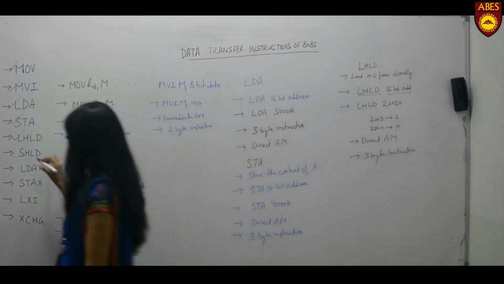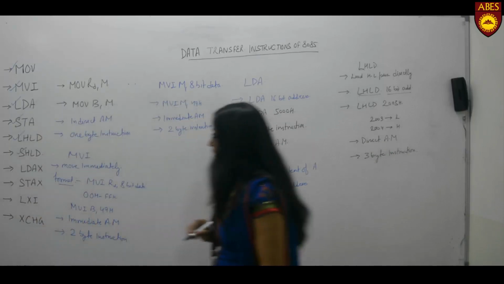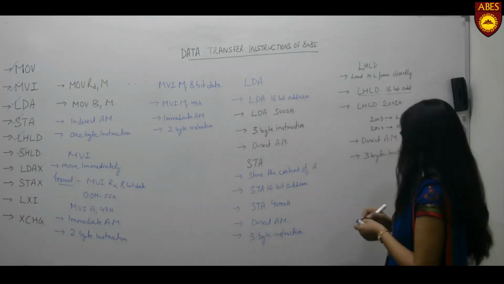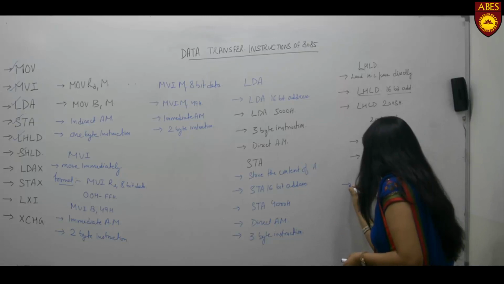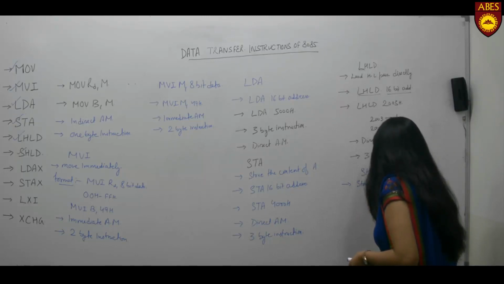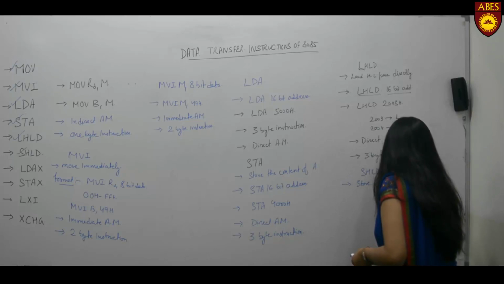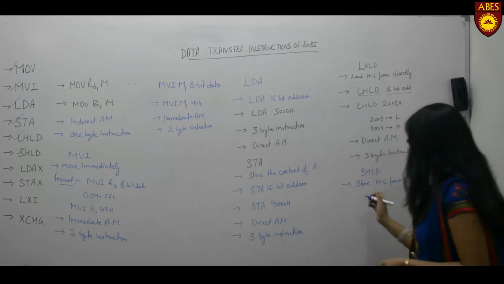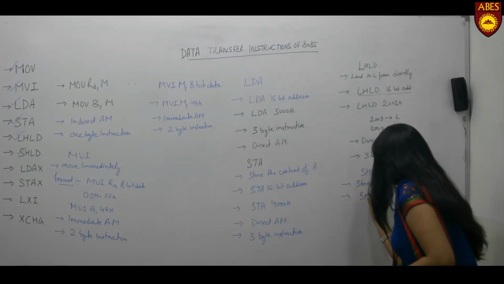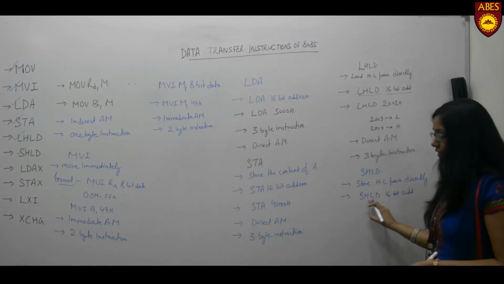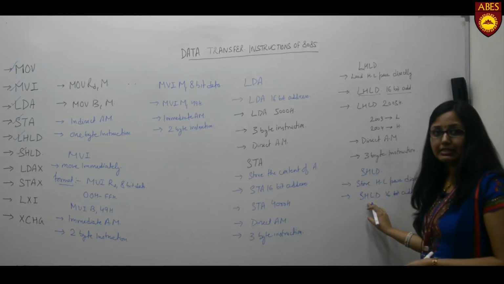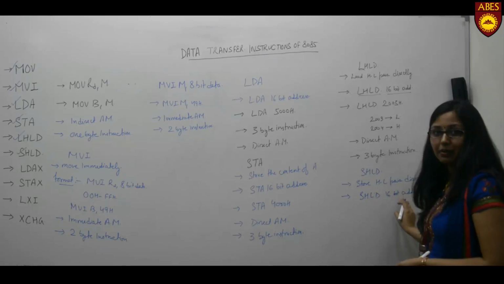Next data transfer instruction is SHLD. What is SHLD? SHLD is store HL pair directly. The syntax for this instruction is SHLD 16-bit address. This instruction is used to store the content of the HL register pair to the specified memory location.